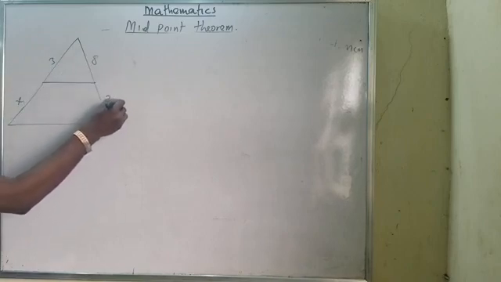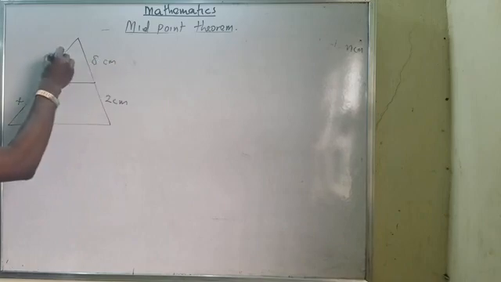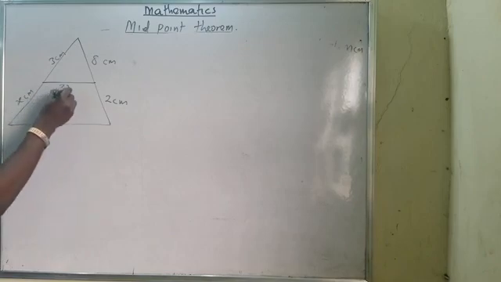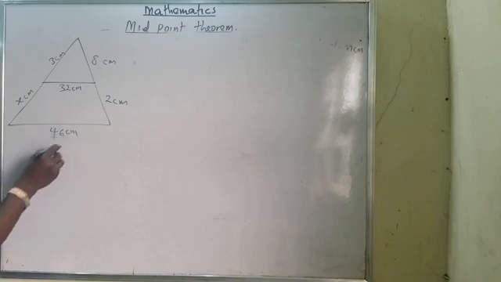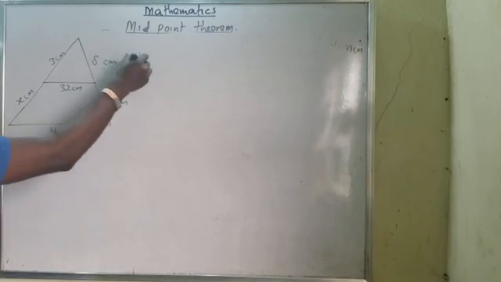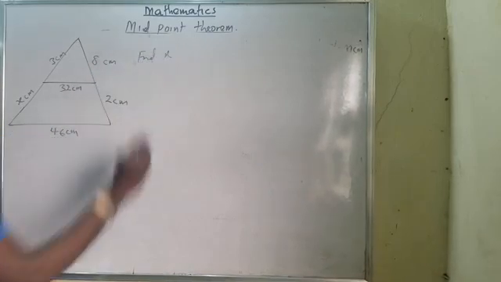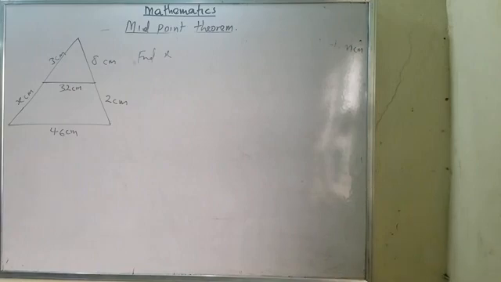They are all in centimeters. Now, if this is 32 centimeter and here is 46 centimeter, now find x. This is very common in most speed exams or speed tests.